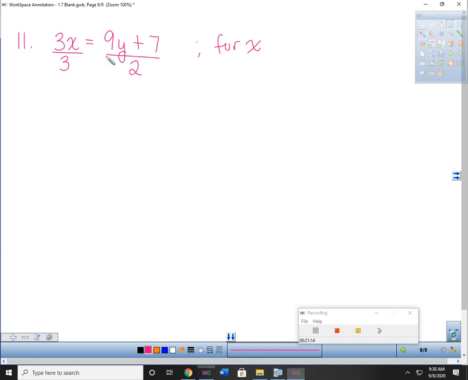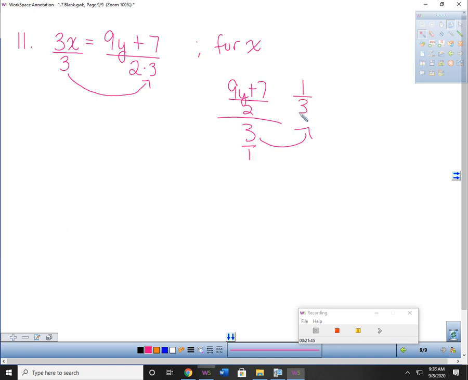Now, if I'm dividing by just a number, it's going to end up just getting multiplied by the bottom, right? Okay, so if you want to show that, you can, dividing by 3. But I'm just going to put times 3 on the bottom. Because remember, if I take the 9y plus 7 over 2 and I divide it by 3, that's like 3 over 1, right?